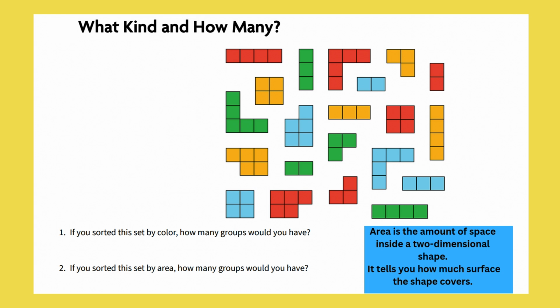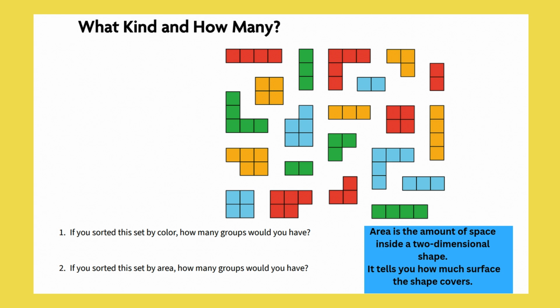And I'm going to push your thinking a little bit more and ask, how else can you sort these tiles? Okay, feel free to pause the video and solve and then come back and continue. Feel free to put the answers in the comment box or in your notebook.